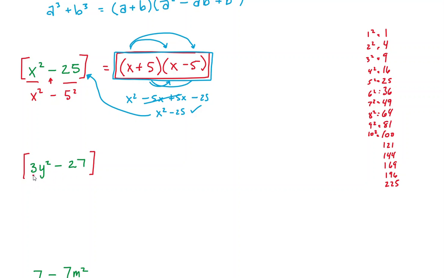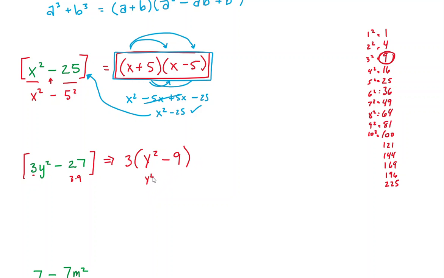And notice that 3 is a number factor for the first term, and 27 is definitely divisible by 3. It's really 3 times 9. So we can change this problem by first factoring out a 3, and then we're left with y squared minus 9. And y squared minus 9 is on our list. It's a perfect square, and so now we can factor this.